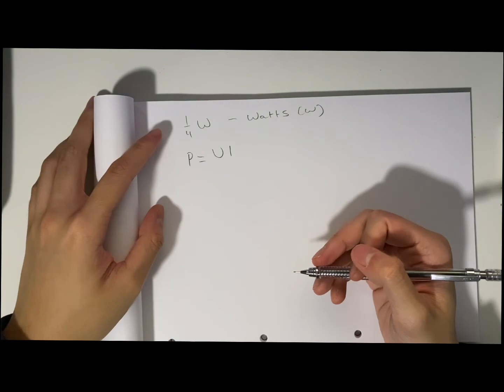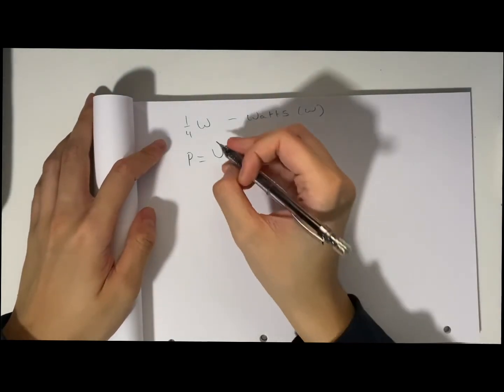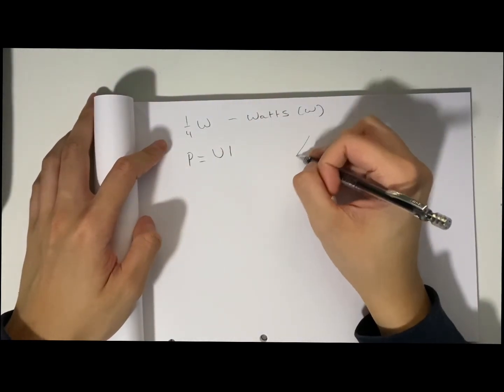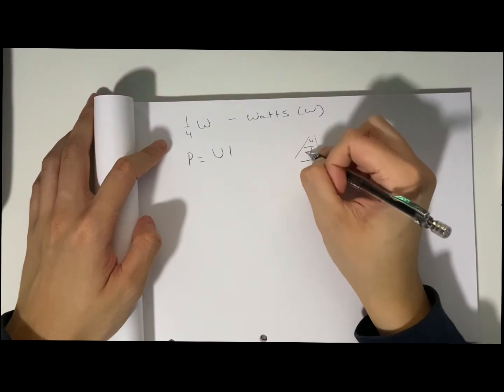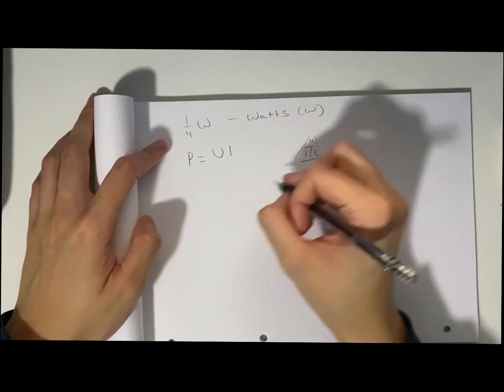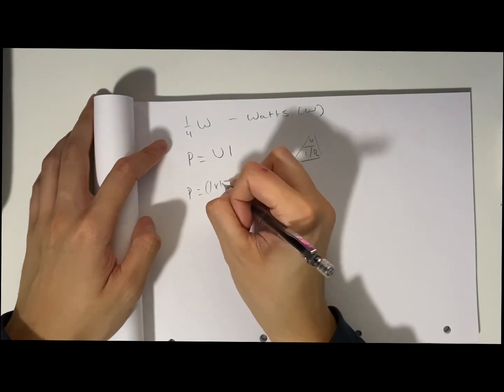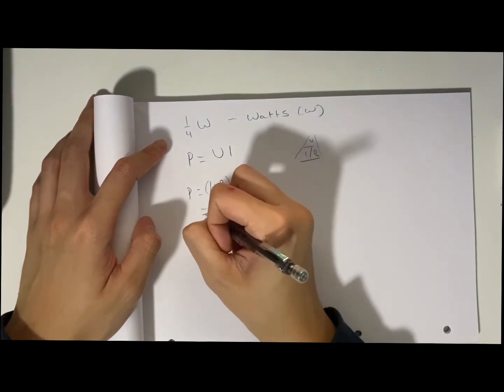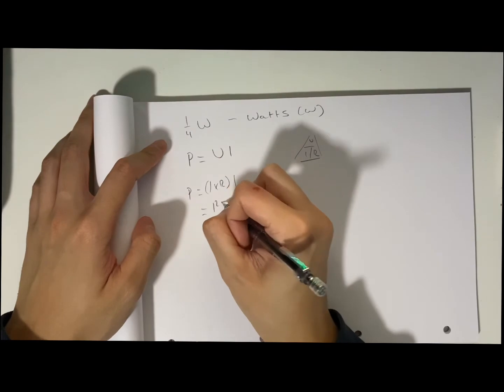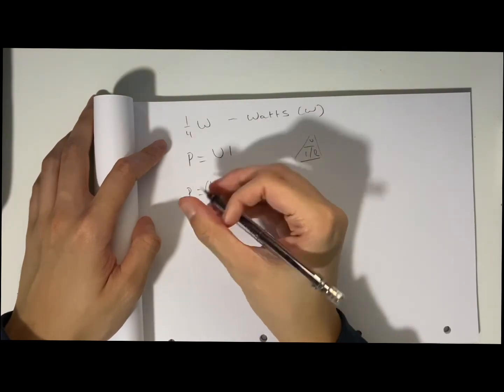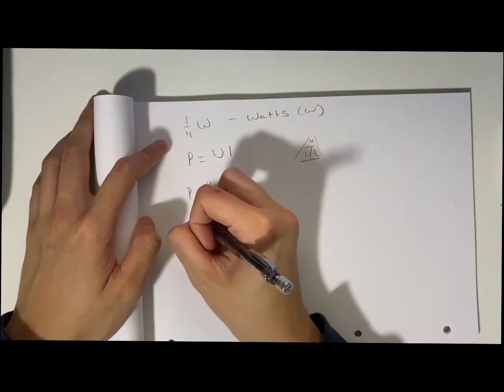So for example, maybe we don't have our voltage, and we know from Ohm's law that voltage equals I times R. We substitute that in. I times R, we get I squared R there.